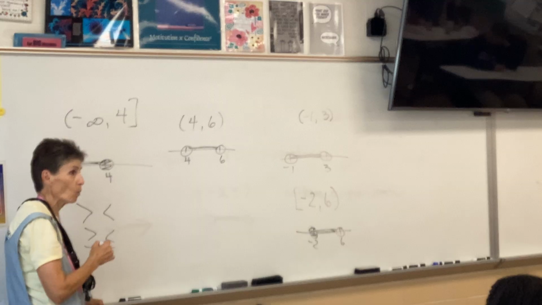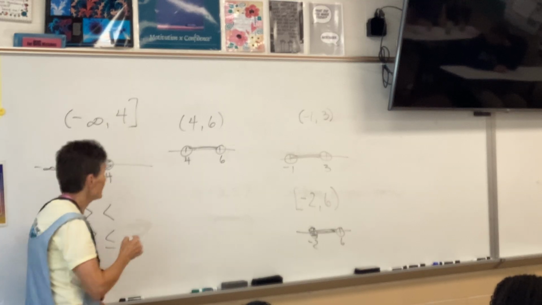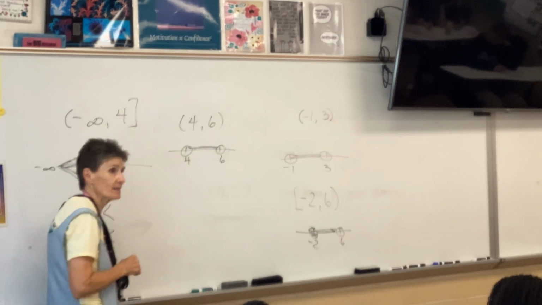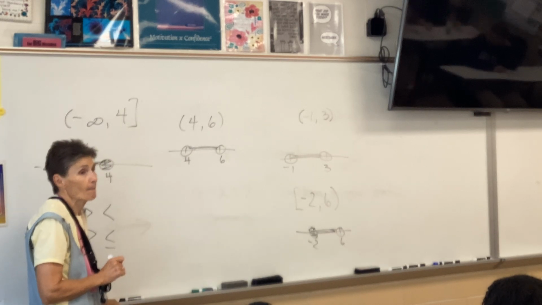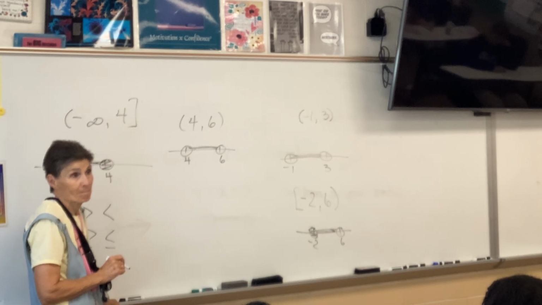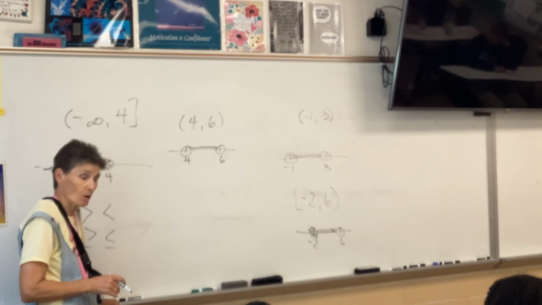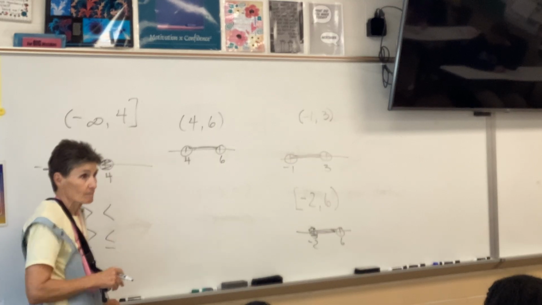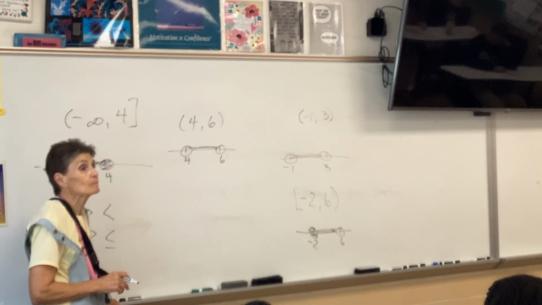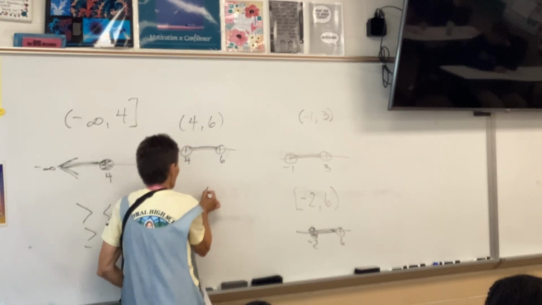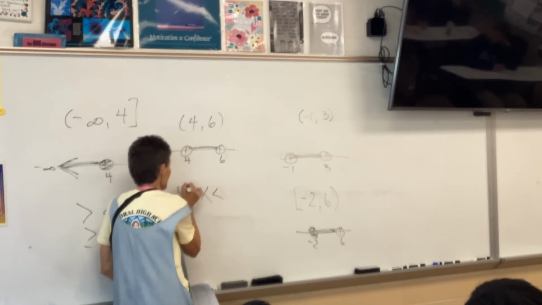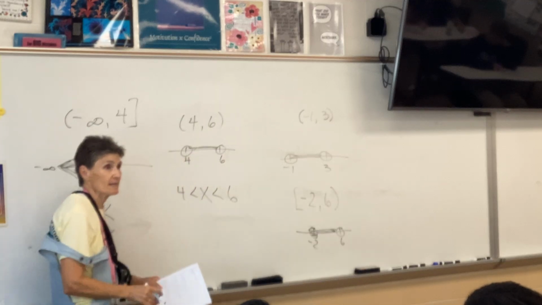Anybody figure out how to write that as an inequality? Take a guess. Worst thing that can happen is you'll be wrong, okay? It's greater than 4 but less than 6. So in other words, x is right in between 4 and 6.